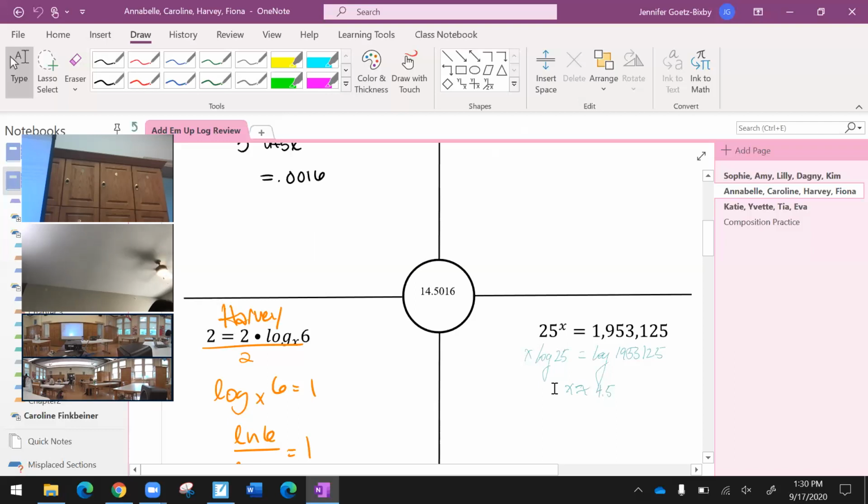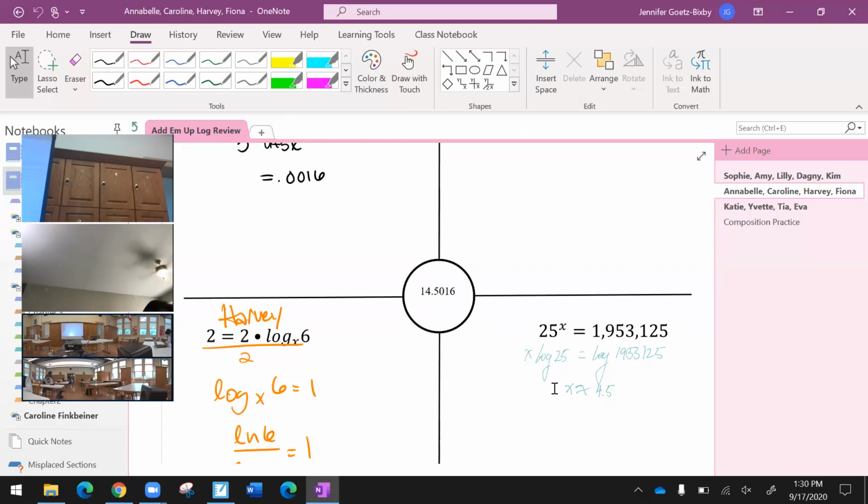Yeah, that's what I did. I got a negative number, which I'm not sure about. Did you get negative 0.819? Yeah, that's what I got. Okay.